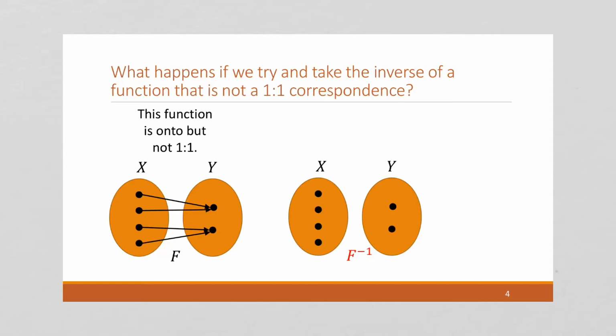Here's a function f that is onto, because none of the elements in the codomain are unattached. They all have an arrow pointing to them. But it is not one-to-one because each element of x does not point to a unique element of y. We have two arrows coming into this y.